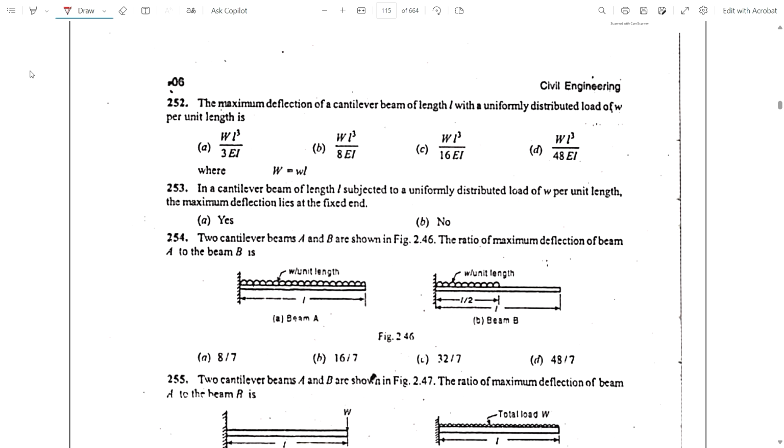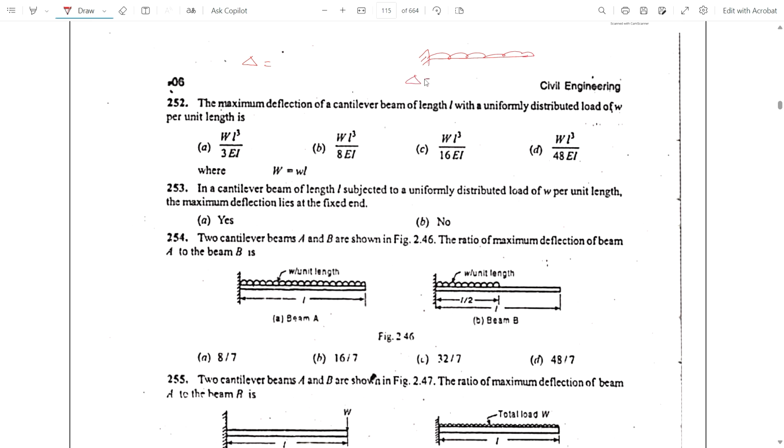Now you can see question number one: the maximum deflection of a cantilever beam of length L with a uniformly distributed load w per unit length. What will the maximum deflection be for a cantilever beam subjected to a uniformly distributed load?